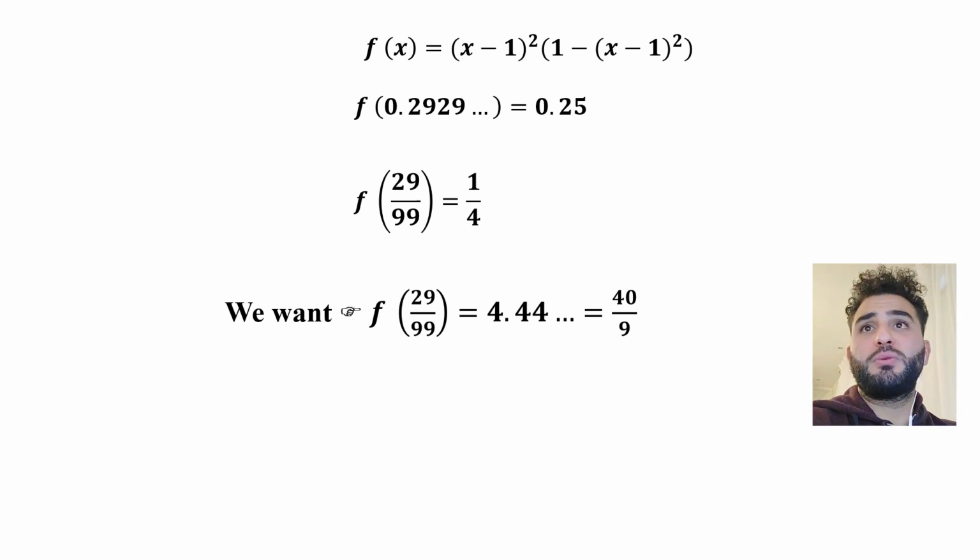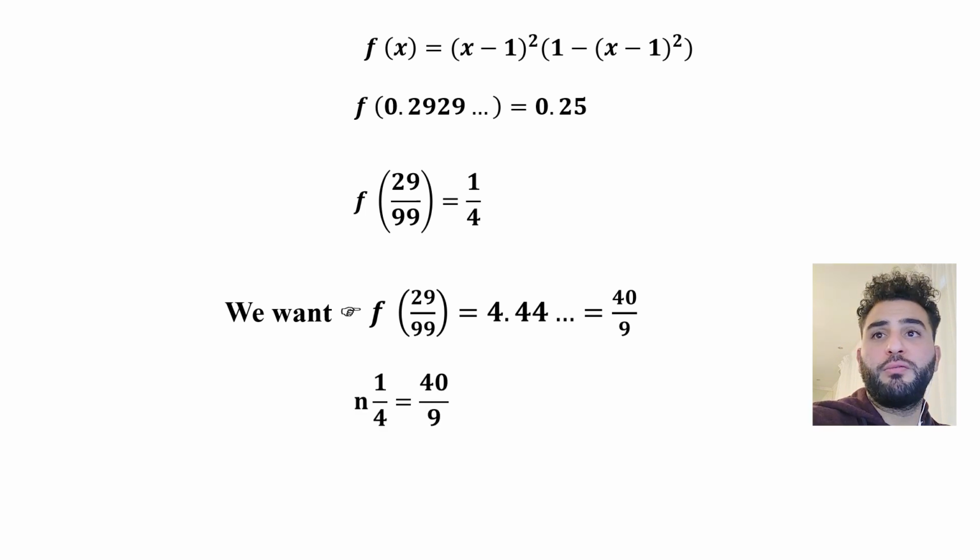So we saw that you can just multiply the result, and this will simply change the amplitude of the curve. So it's not complicated. We just multiply 1/4 by a factor to have 40 over 9. And this factor n is equal to 160 over 9.